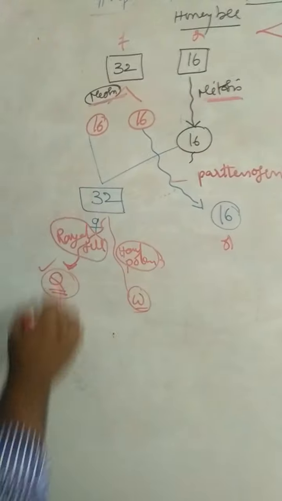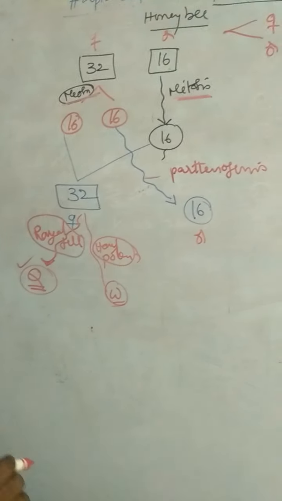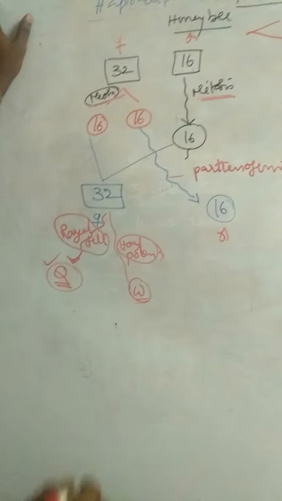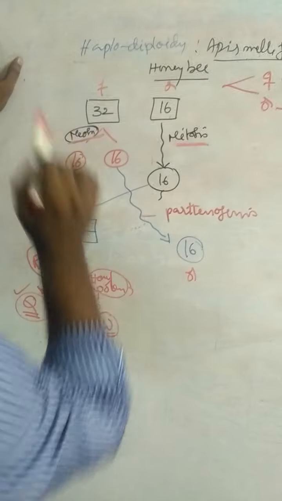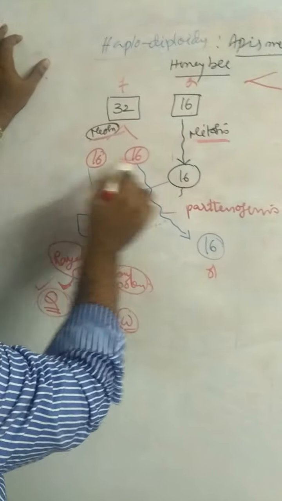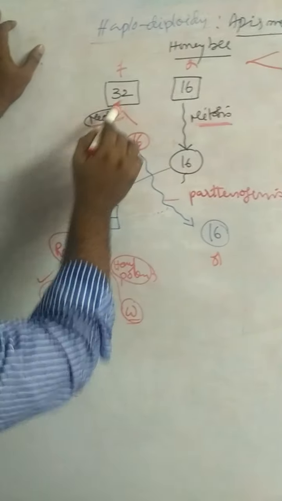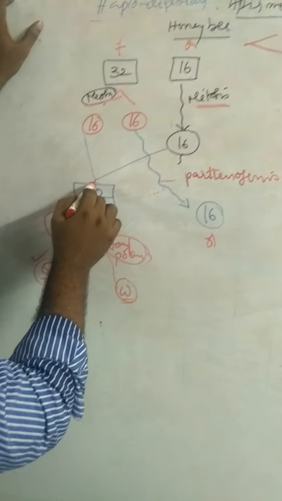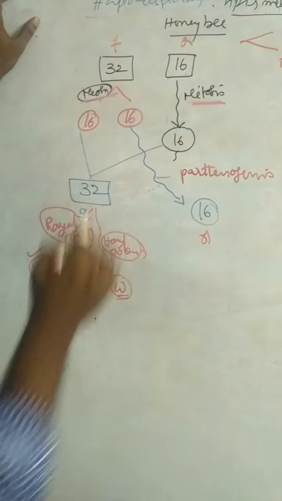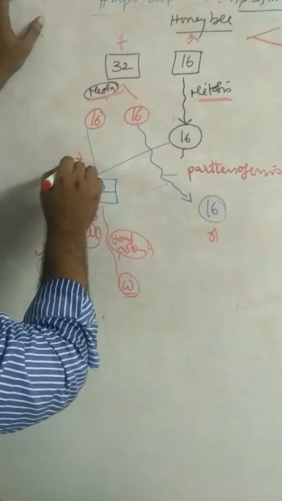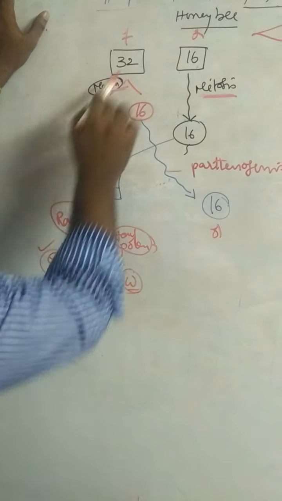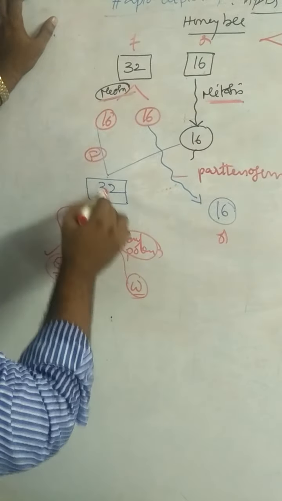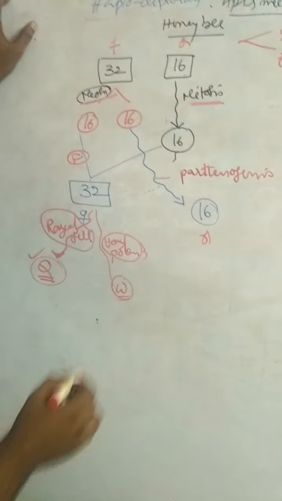So in a honeybee colony, only one queen is present, and the remaining ones are workers. The female lays two types of eggs, fertilized eggs and unfertilized eggs.